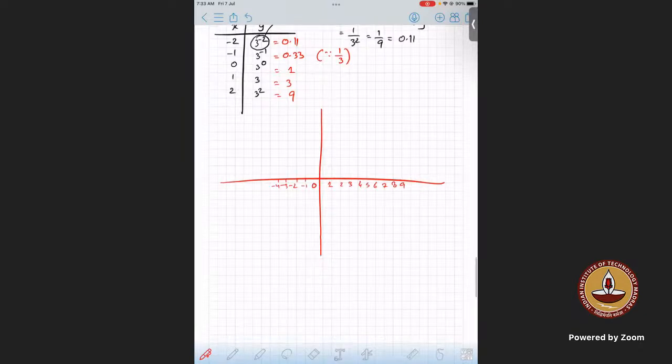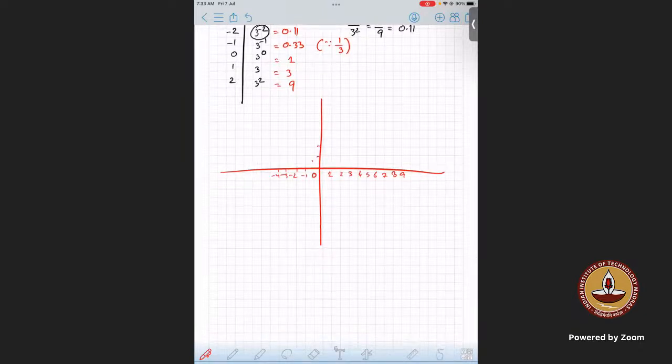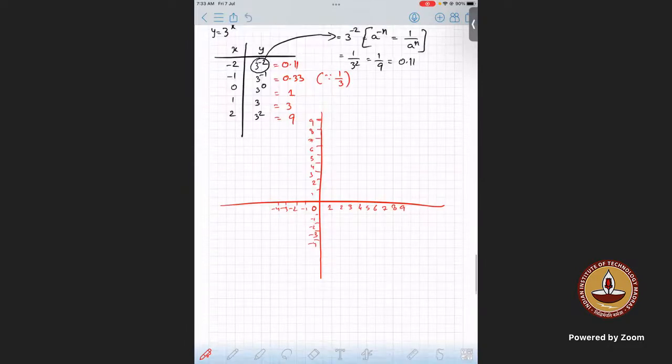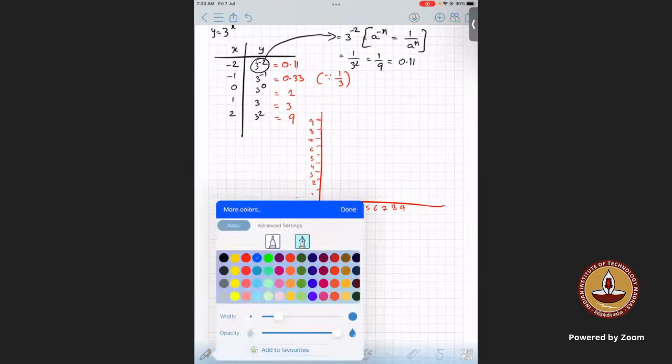Listen carefully: at -2, the value is 0.11, somewhere here.